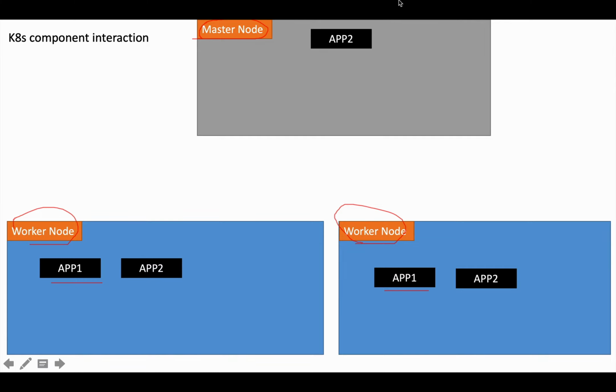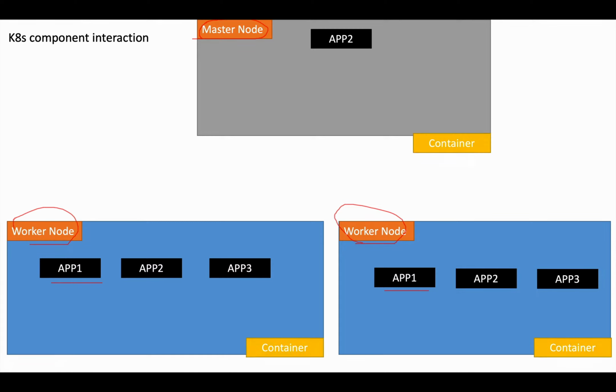Normally we don't put the workload in the master node. But the workload could be put in the master node, and app 3, we say app 3 is responsible for producing planes.